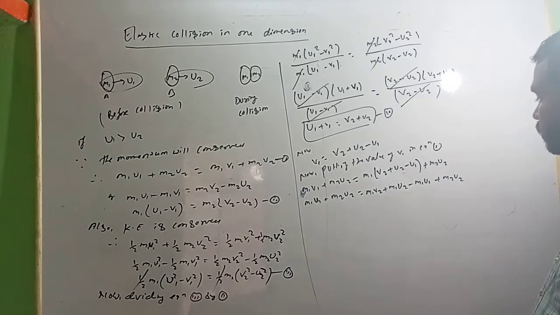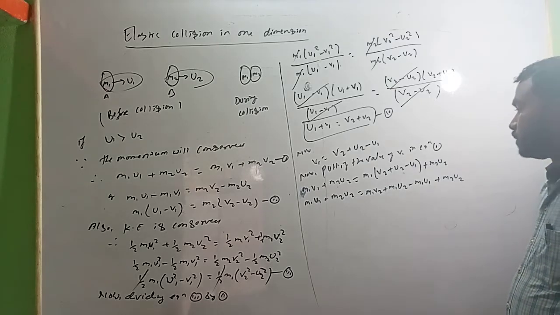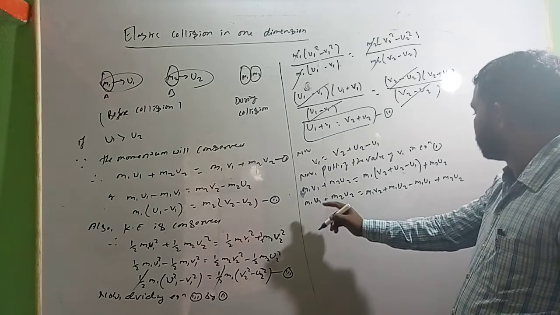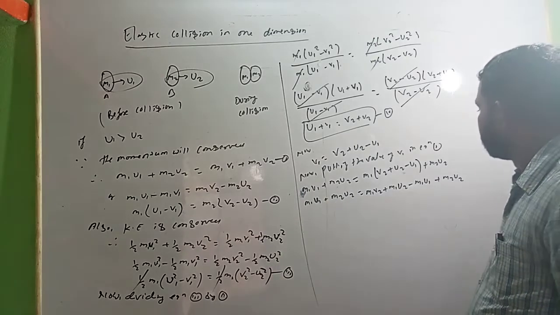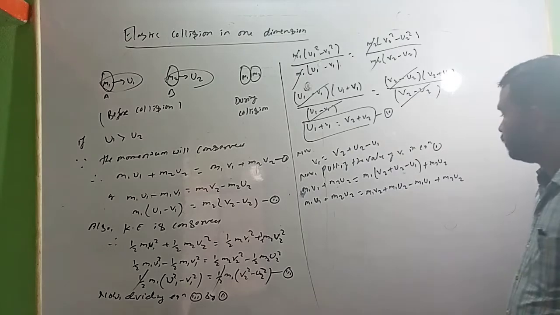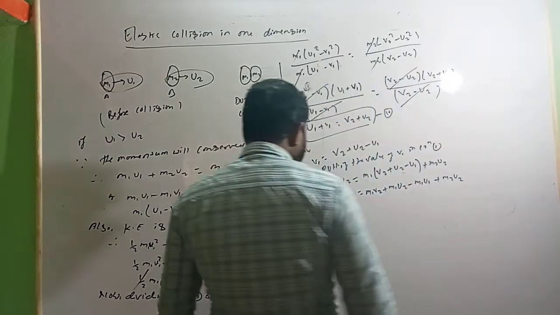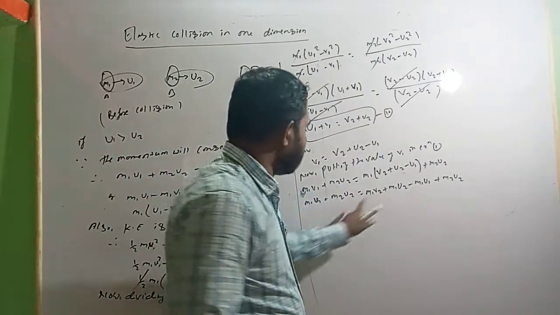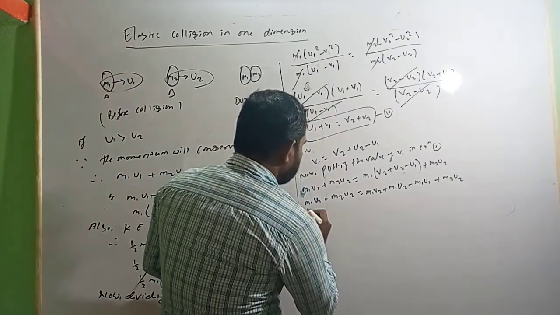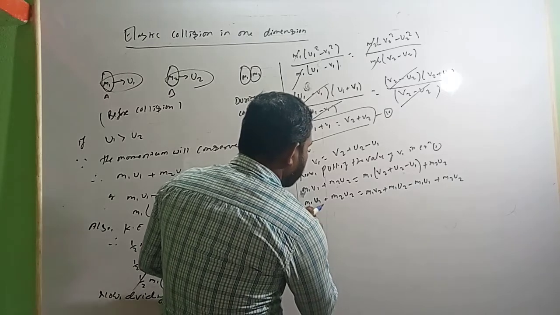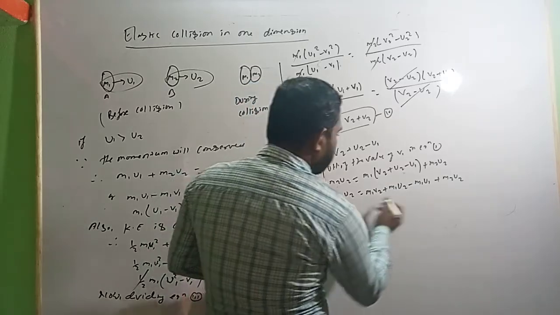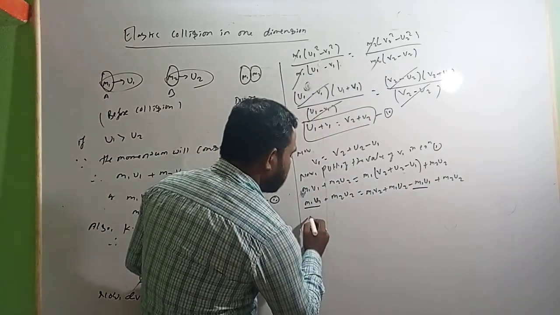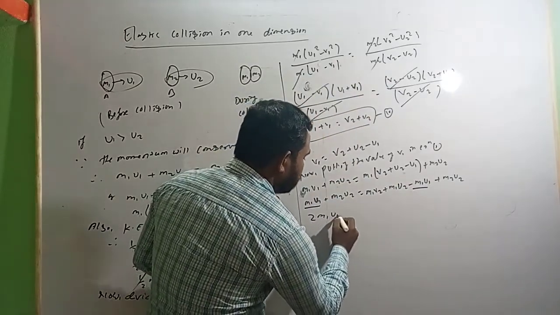Okay, so you will arrange these terms. Which term will you take common? You can write on the left side m1 u1 and here m1 u1, so 2 m1 u1.